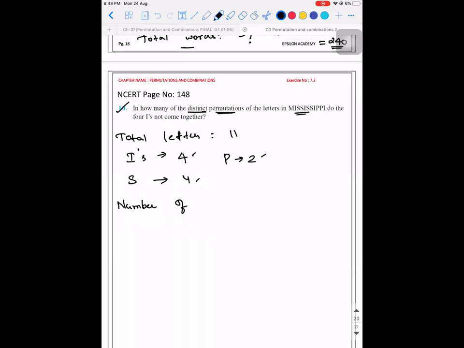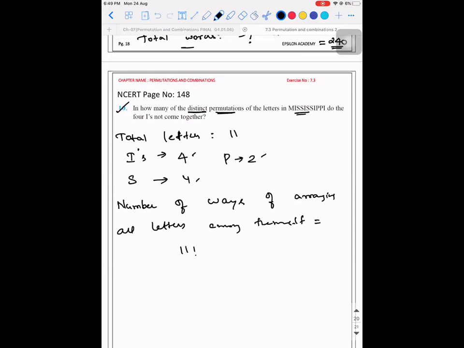Number of ways of arranging all letters among themselves is 11 factorial. Is that right? You forgot something. I should not come together, sir.